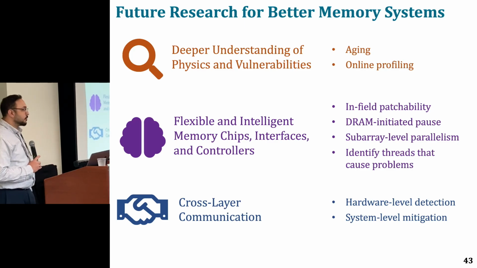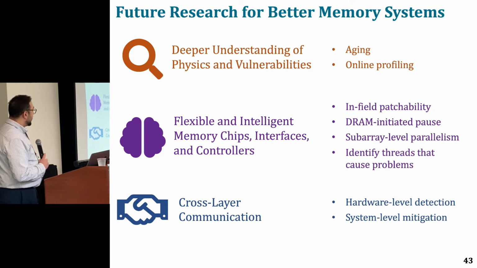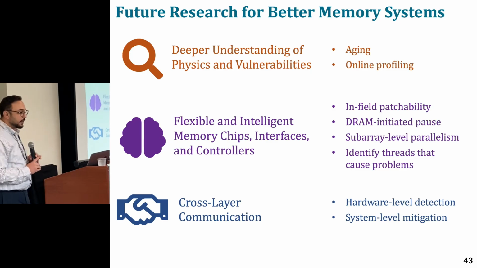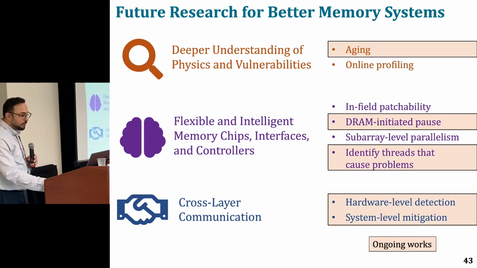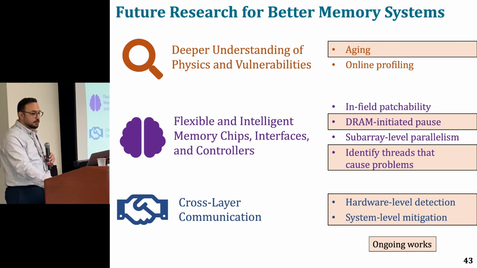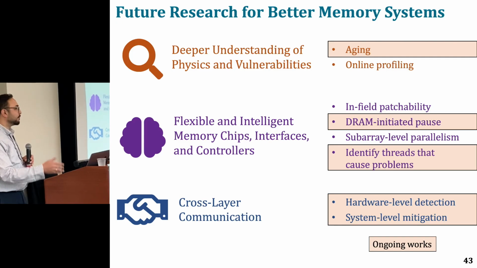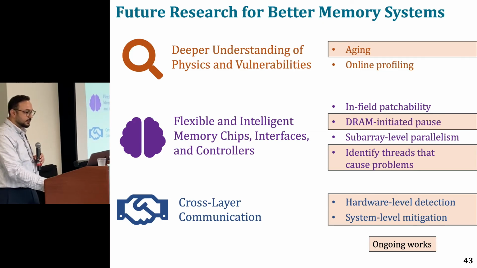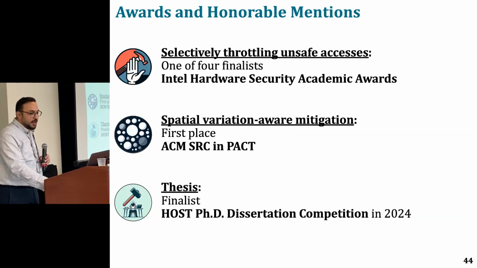And we need better cross-layer communication, hardware-software co-design to detect an ongoing attack or bit flips more accurately and in a faster way, and also mitigate the problem at the system level. We already have some ongoing works currently, and I hope to share them with the community soon.